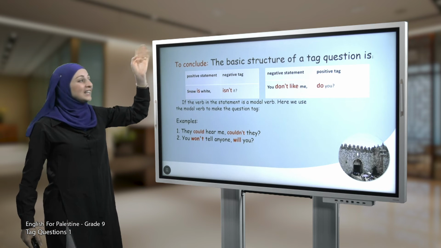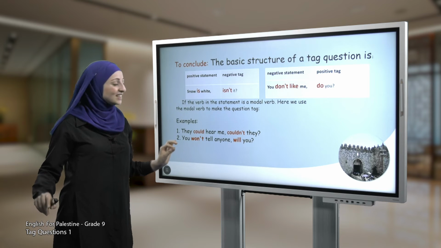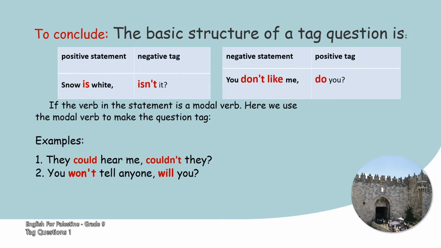To conclude, the basic structure of a tag question is, be careful, if you have a positive statement, you will have a negative tag. Positive, negative, negative, positive. So, example, snow is white. Is positive. So, I need a negative tag.